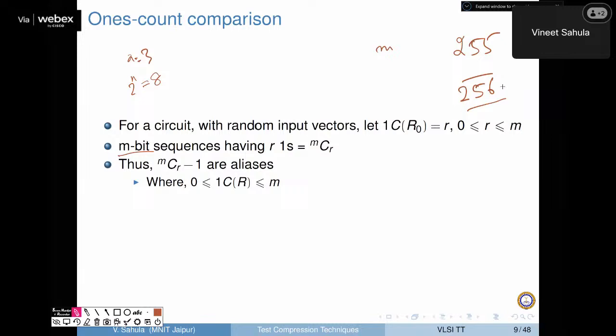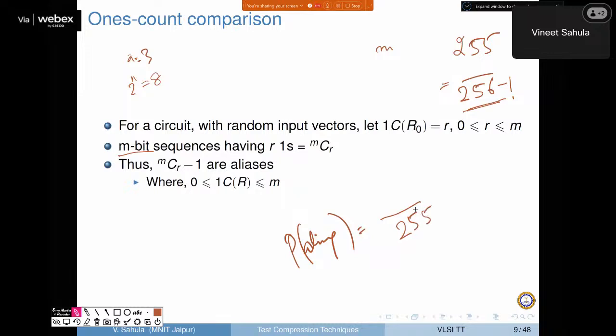So one of them is correct. So we are taking it as 1 minus the correct one. We are taking faulty signatures and how many of them are correctly identified. What I am saying is probability of aliasing. Sai Kumar, probability of aliasing means how many faulty signatures are taken as correct signatures. So how many faulty signatures are there? Out of 256, one is correct.